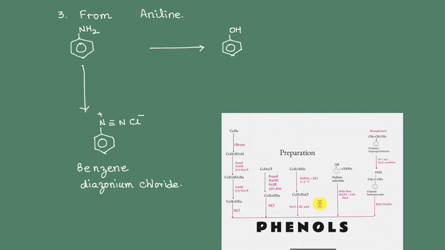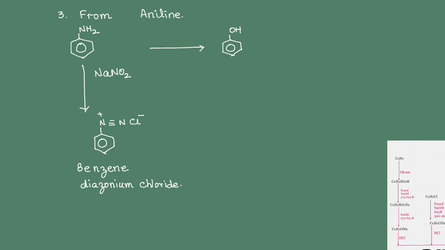So go ahead, write the next step. First of all, how am I going to convert aniline into benzene diazonium chloride? Yes, we can all see it from the flow chart. So what I need to do is to get rid of that flow chart. There it goes. I have hidden it.